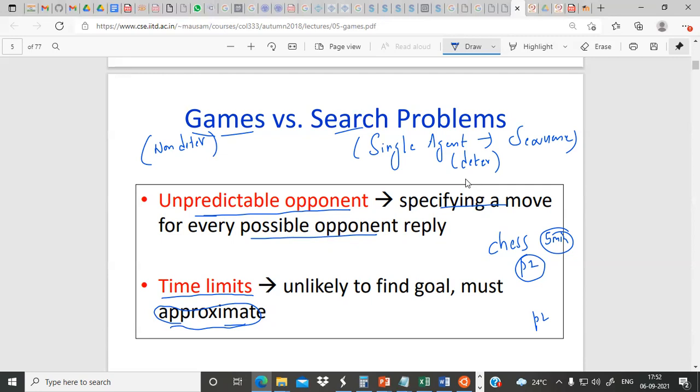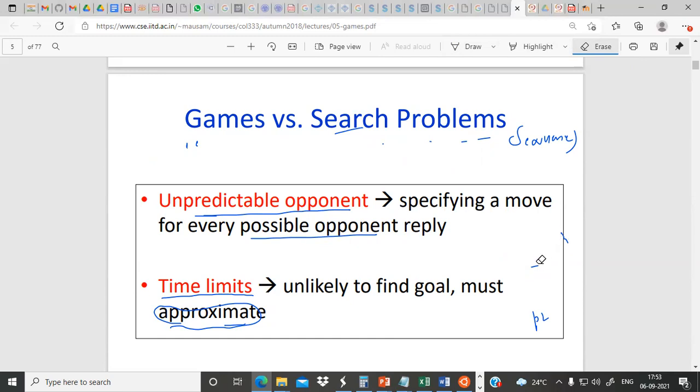So you should allow, the nature of the problem itself should allow for some approximation, right? So these are also some of the characteristics of games. One is that the opponent's move is unpredictable. As the opponent's move is unpredictable, there may be multiple choices the opponent can make.